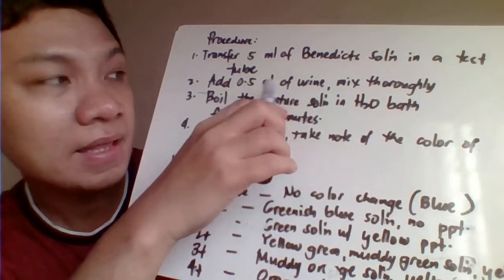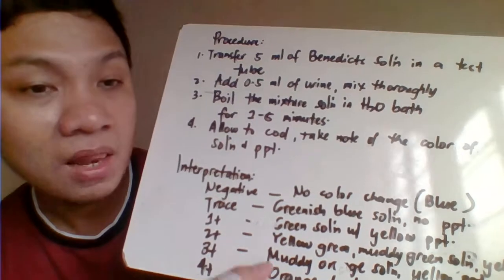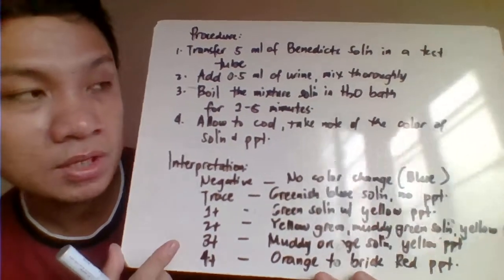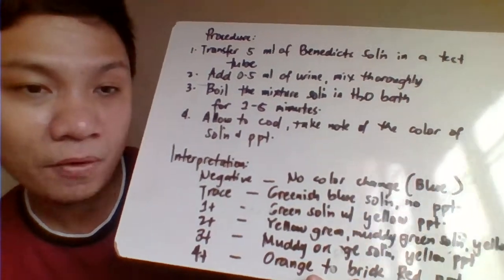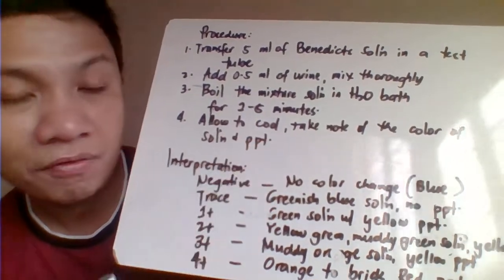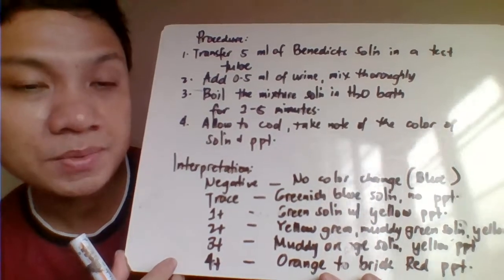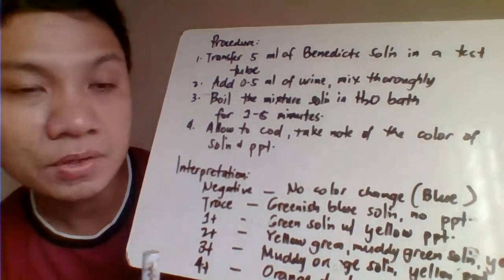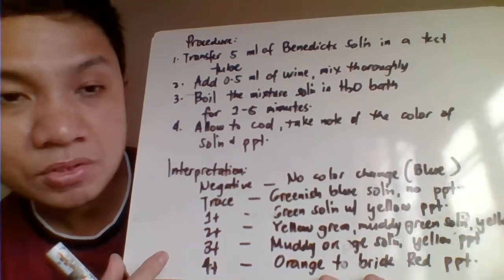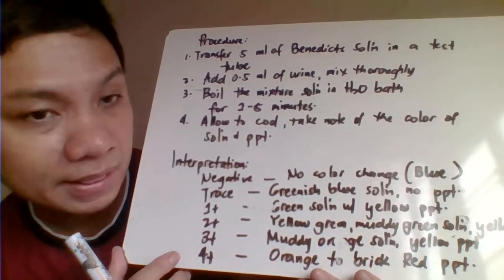Then mix the test tube containing the urine sample and your Benedict solution, and boil the mixture for 2 to 5 minutes. Then observe the color reaction, including the color of the solution, and also the color of the precipitate.